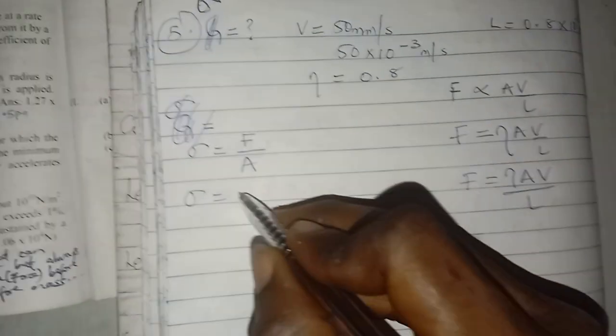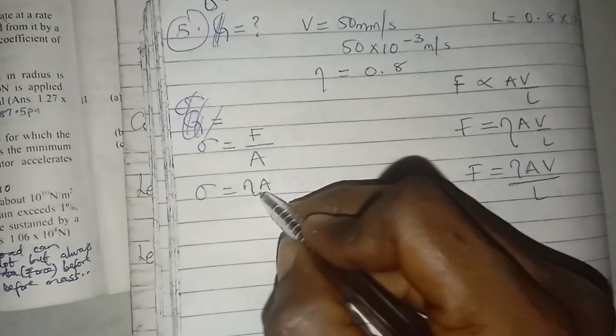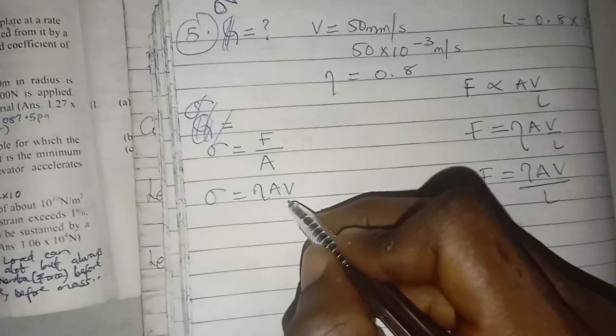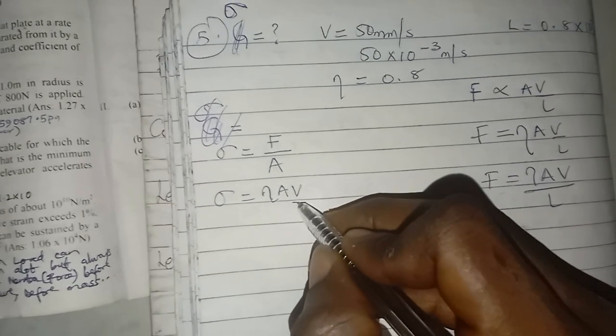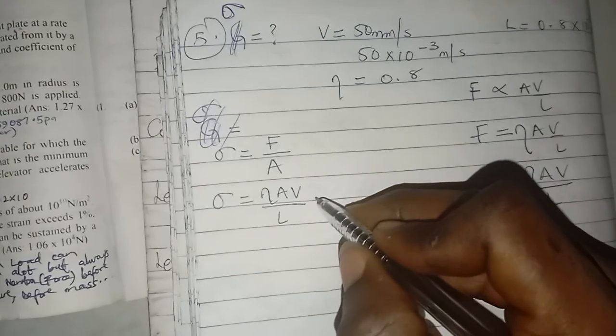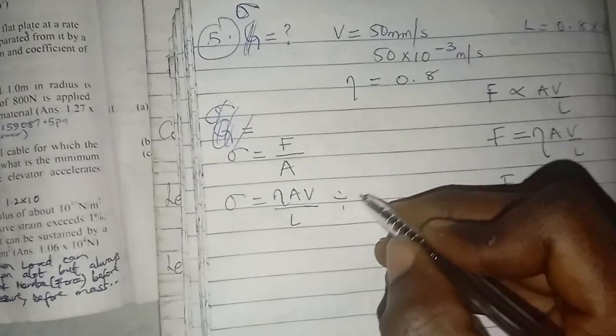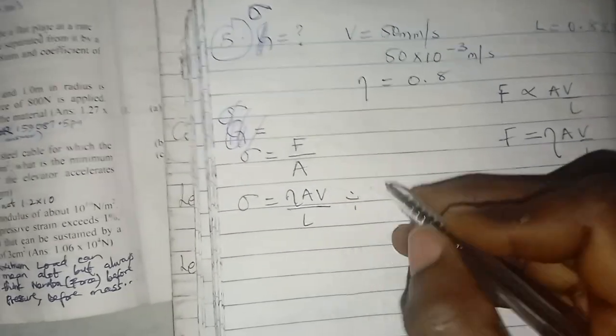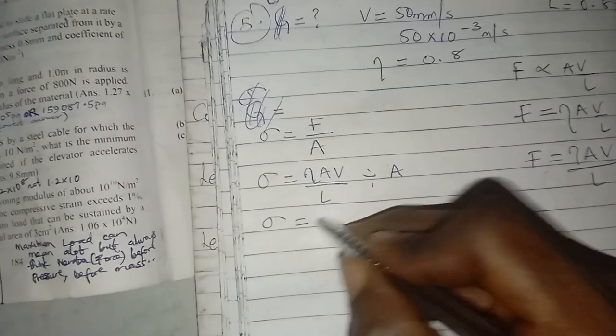So I now have coefficient of viscosity times area times velocity gradient, that is all over L, which is something divided by this area. So this is the sentence saying stress is the sentence.